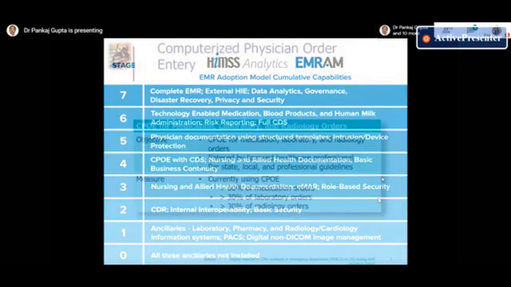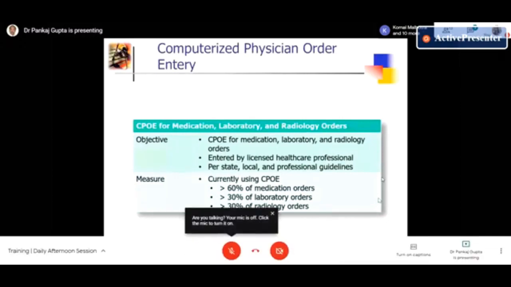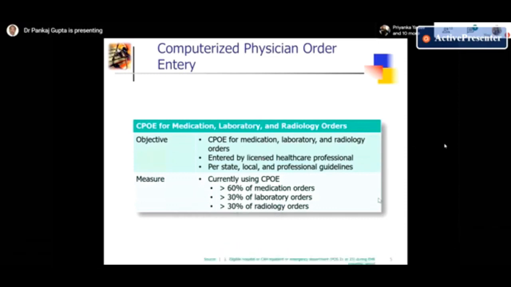Okay. So in meaningful use, the Obamacare program, they have built in computerized physician order entry and BCMA. There are standards that were put in for CPOE. The objective was CPOE for medication, laboratory, and radiology orders entered by a licensed healthcare professional per state, local, and professional guidelines.